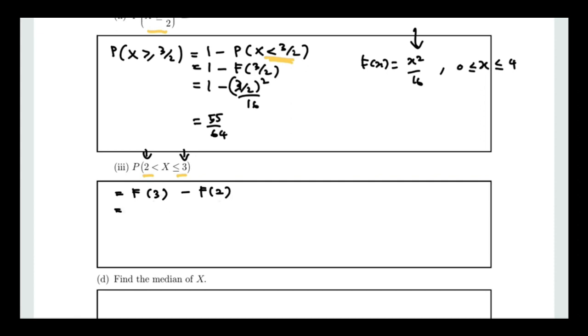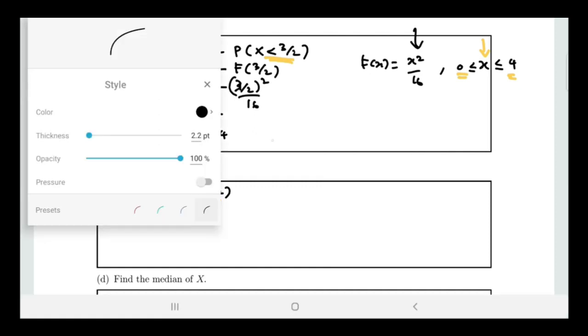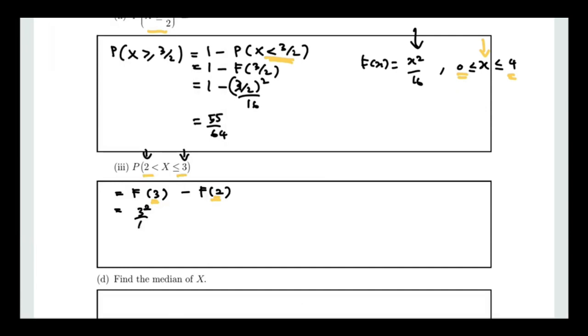Since 3 and 2 are located between 0 and 4, we substitute into the same function: 3 squared over 16 minus 2 squared over 16. Then calculate, and you will get 5 over 16 for the final answer.